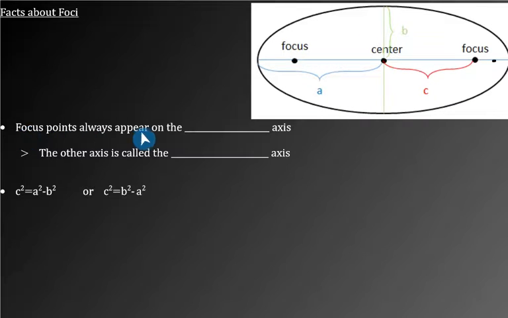And the focus points will always appear on the larger axis, so you can see them right here and here. We call that the major axis, so pretty obvious name. So this bigger axis is the major one, and then the other axis is the minor one. Minor is the smaller one, and that won't have the focus points. Major is the bigger, has the focus points, okay?